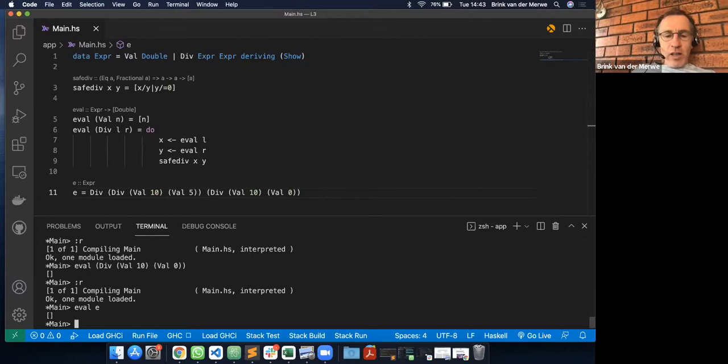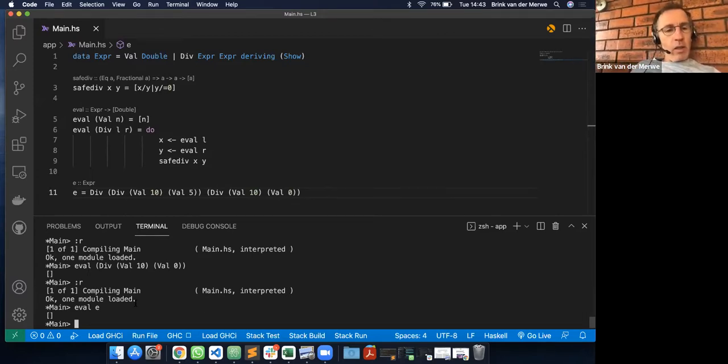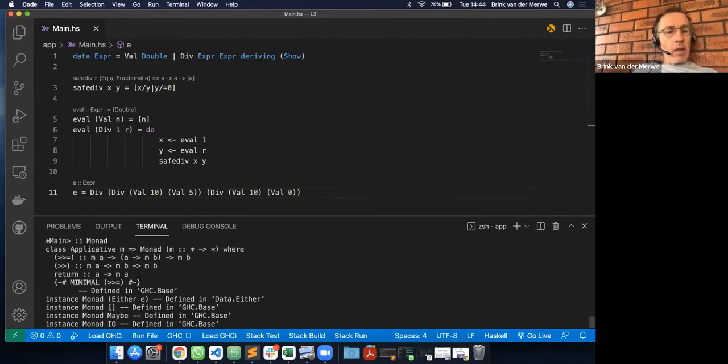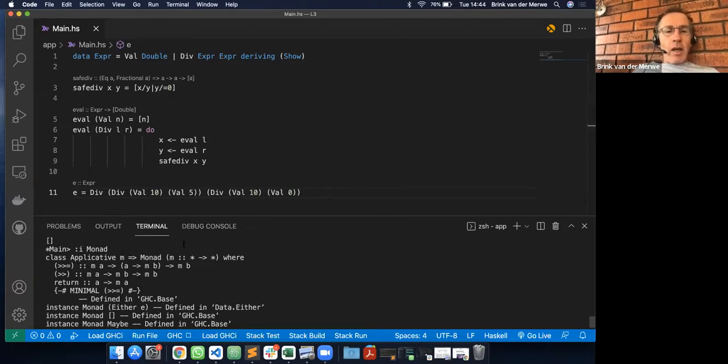Now, something else I want to show you. So let's get some info on monad. What you see with monads, what I'm using essentially with the do notation is this bind operator.